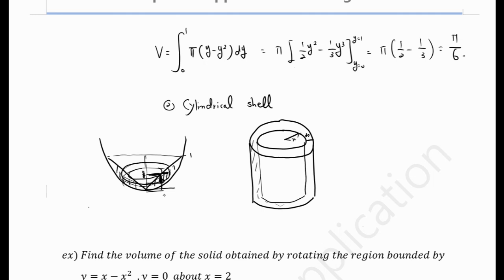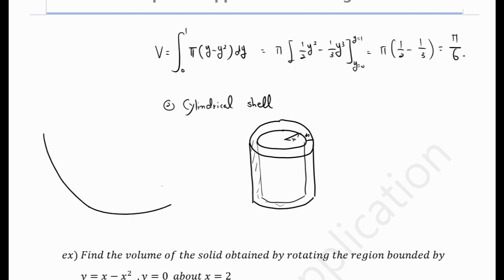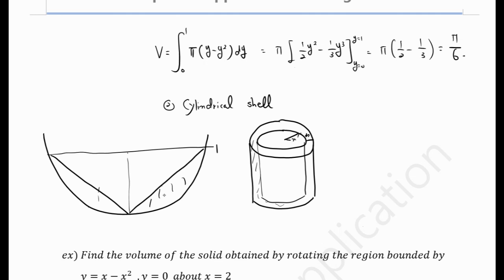This is a cylindrical shell, and we enlarge this graph and draw it larger. This is 1, and this is the x-axis.